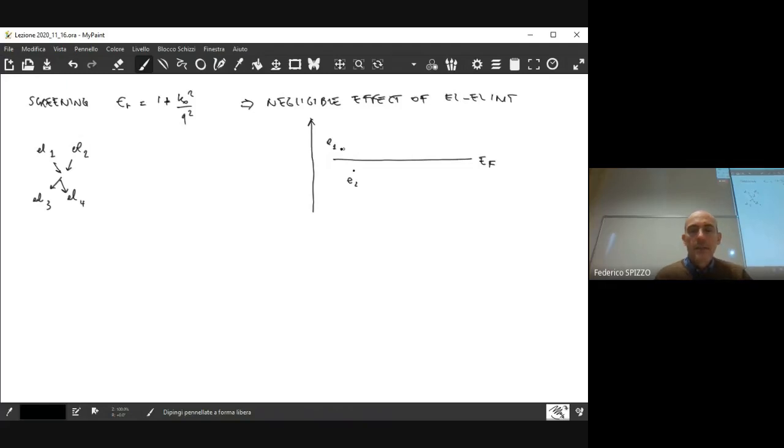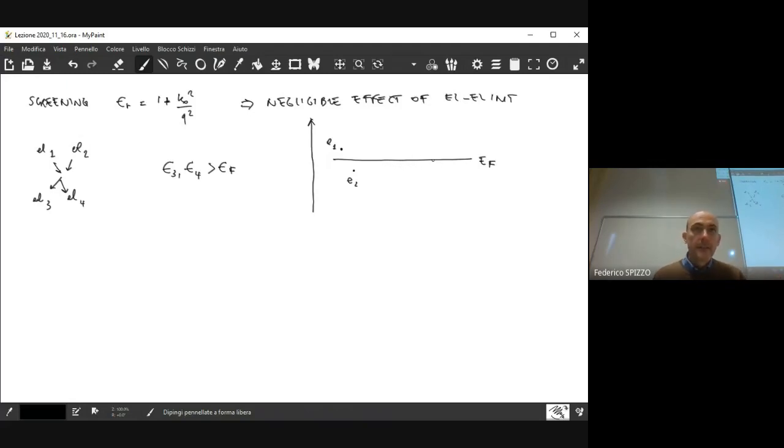What is the position in energy of electron 3 and electron 4? Electron 3 and electron 4 have to be found at an energy that is larger than EF, because all the levels below EF are occupied. So what I expect is that the energy value for electron 3 and for electron 4 are larger than EF, because no empty levels are found below EF.